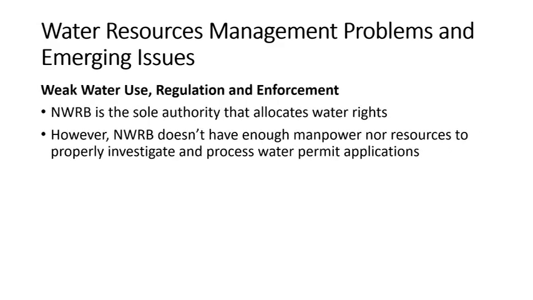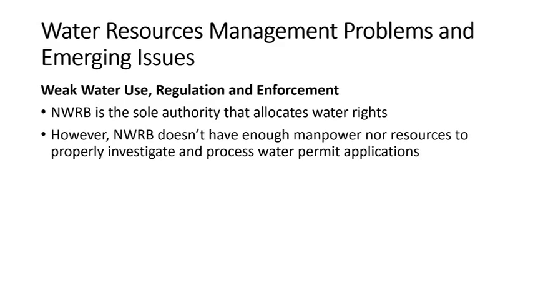And then you also have a weak water use regulation and enforcement. So all in all, if we look at the chain of command, NWRB, or National Water Resources Board, is supposed to be the sole authority that allocates water rights. Okay? By mandate, NWRB is supposed to be overseeing everything that is related to water resources in the Philippines, but they just don't have enough manpower.